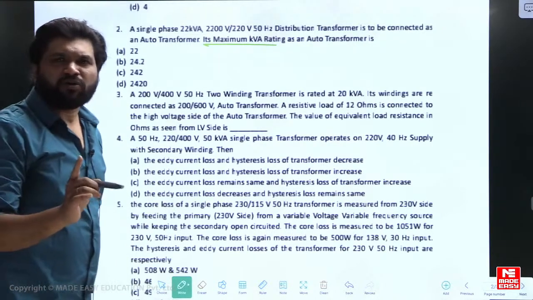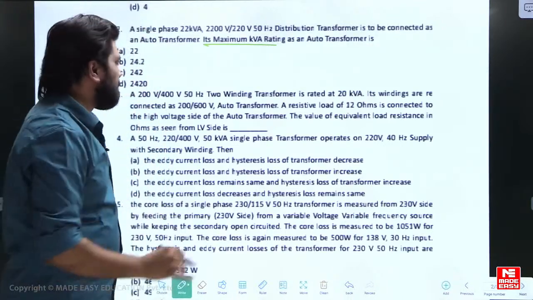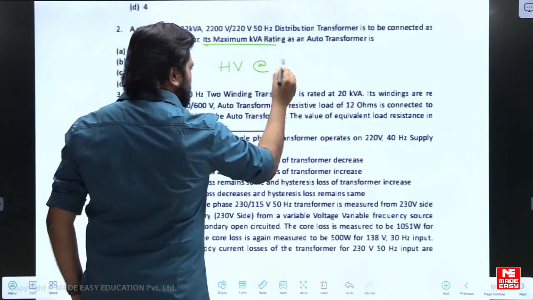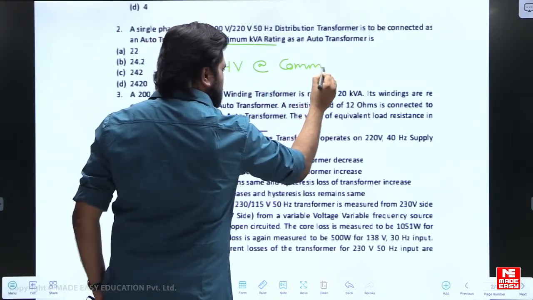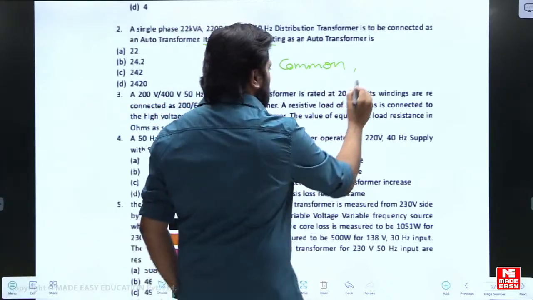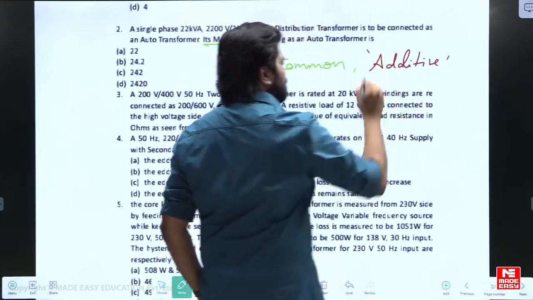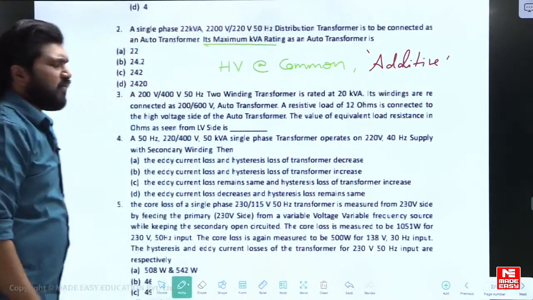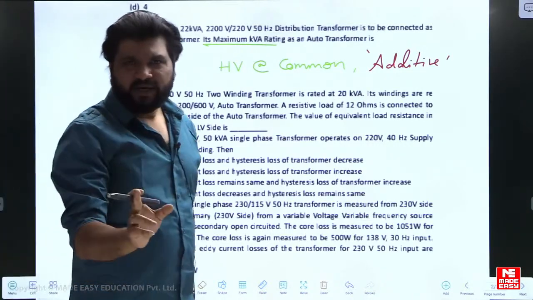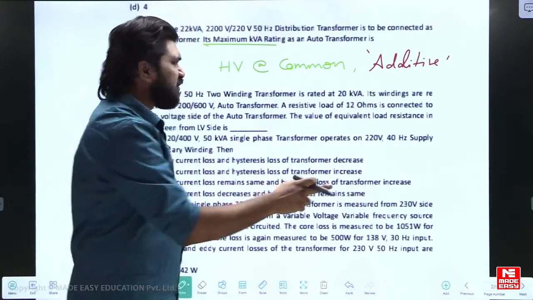If you see any auto transformer question for maximum kVA rating, remember HV as common portion. Additive polarity. Whether it is step up or whether it is step down, it doesn't matter. HV as common winding, both input output sides, and it must be additive polarity.